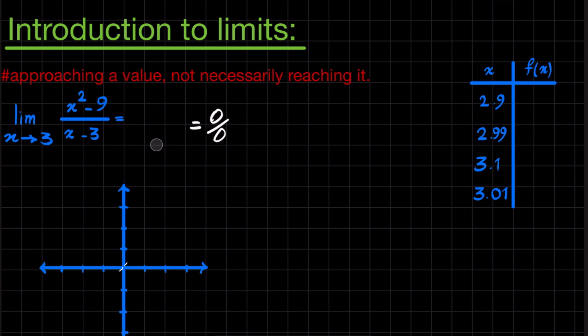So to do this in another way and find a definable answer, we're going to substitute a value that is close to 3 and see if there's any way that we could get a definable answer.